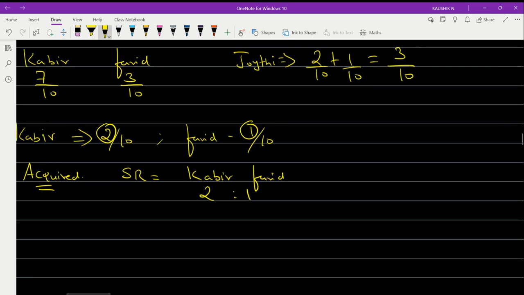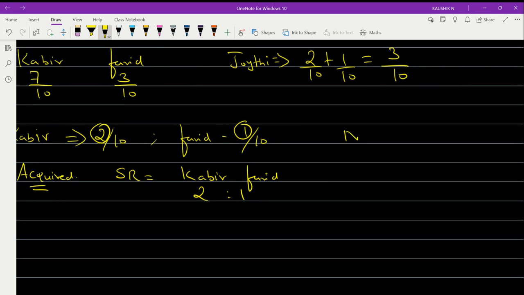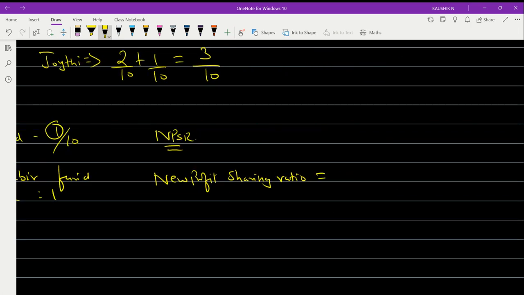Now we have to find out the NPSR, the new profit sharing ratio. What is the formula for new profit sharing ratio? The new profit sharing ratio is equal to the old ratio minus the sacrifice we have done.